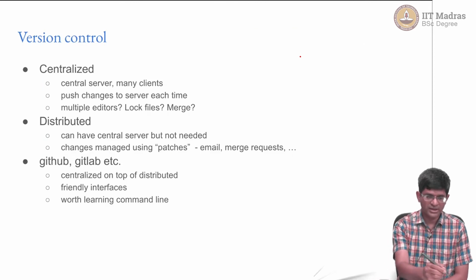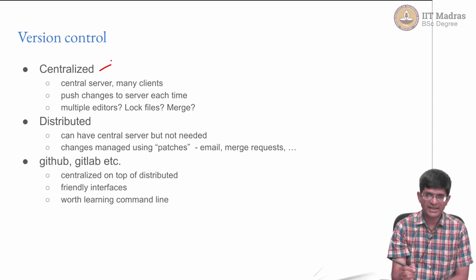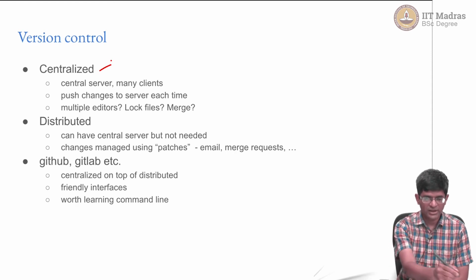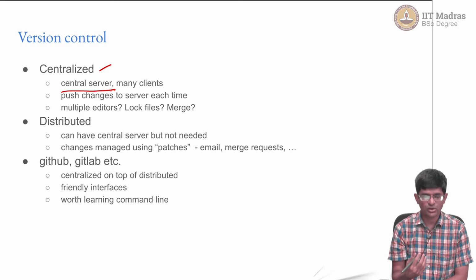So version control, in other words, you could have multiple ways of doing it. One of them is the so-called centralized version, which is relatively the older versions of version control, SVN and CVS before that, right? What they did was they had a central server and many different clients, and each of those clients would check out a version of the code, make changes and push changes back.